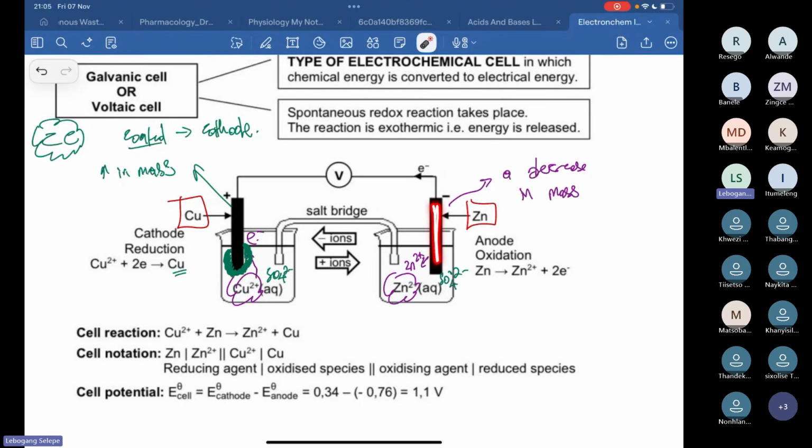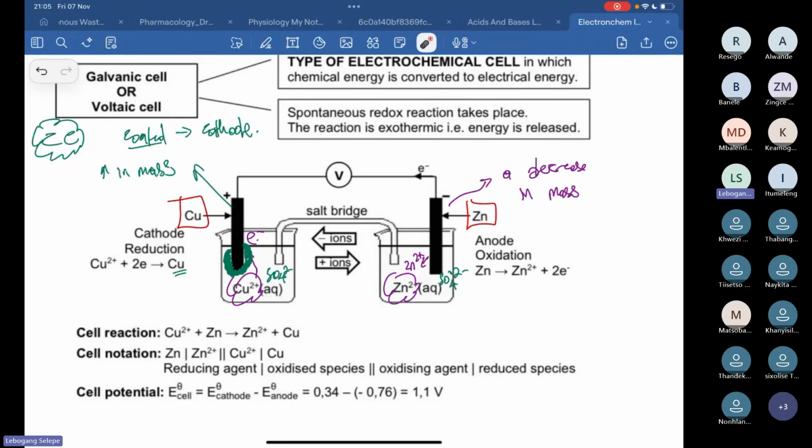As this electrode erodes, we keep on pouring more Zn2+. It would make this solution more positive, and that's not what we want. A galvanic cell operates optimally when these solutions are neutral.